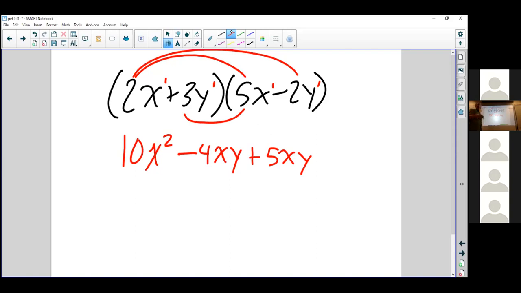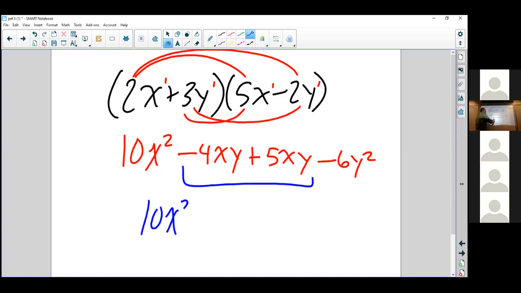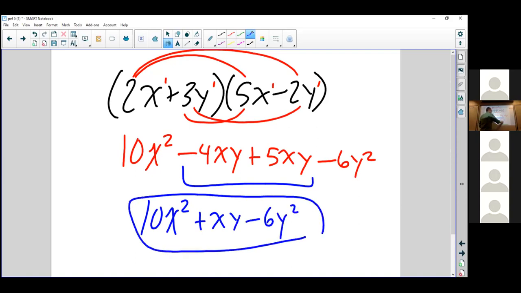Yeah, they just like to keep them alphabetical, so x comes before y. And then multiply that, so I'm going to get negative 6y squared. These are indeed like terms, so I'm going to get 10x squared. Negative 4 plus 5 is 1, so I just get plus xy. Of course, you could have 1xy minus 6y squared. And there it is.